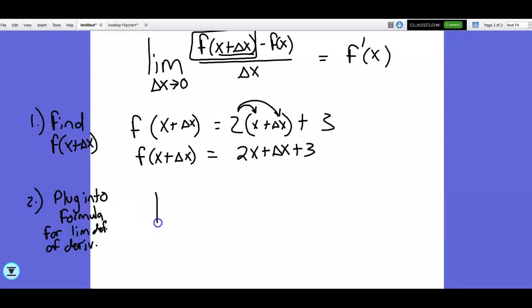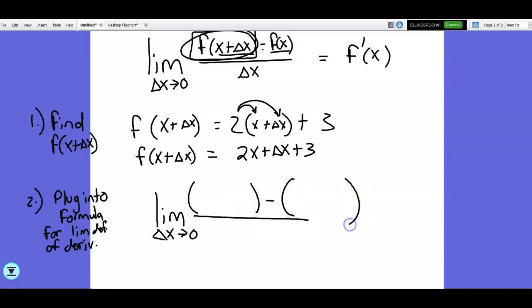So here's how that's going to look. The limit as delta x approaches 0 of, and we're going to have one blank here, minus one blank here over delta x.